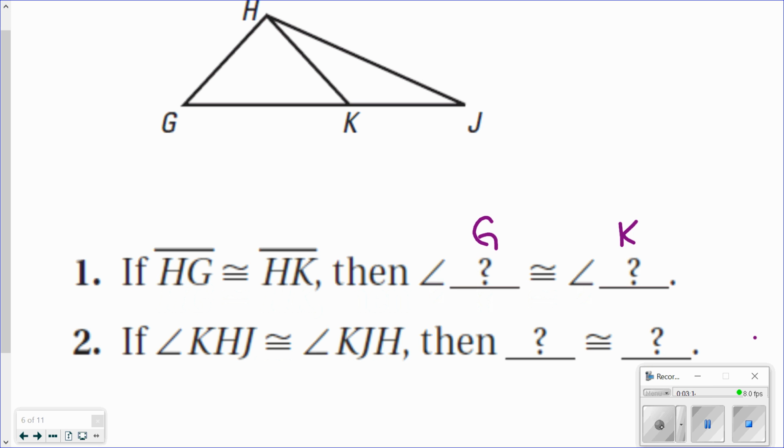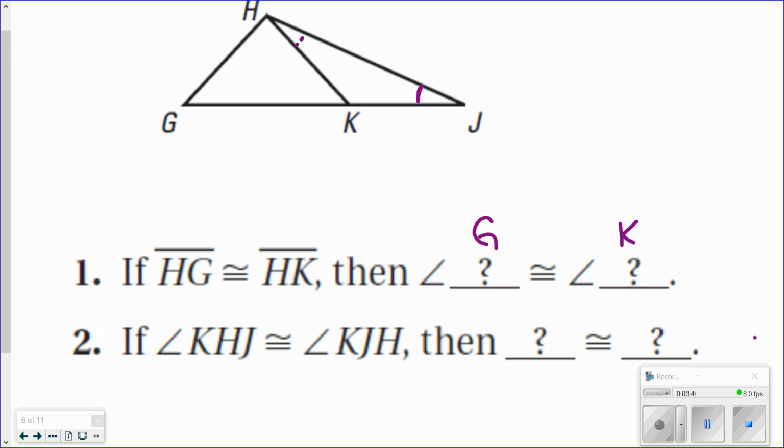Number 2, if angle KHJ is congruent to angle KJH, then which two sides are congruent? All right, so let's mark this in our diagram. Oh, I messed that up.